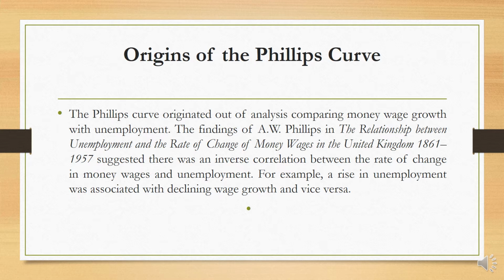The Phillips curve originated out of an analysis comparing money wage growth with unemployment. The findings of Arthur William Phillips, A.W. Phillips, on the relationship between unemployment and the rate of change of money wages in the United Kingdom from 1861 to 1957 suggested there was an inverse correlation between the rate of change in money wages and unemployment.